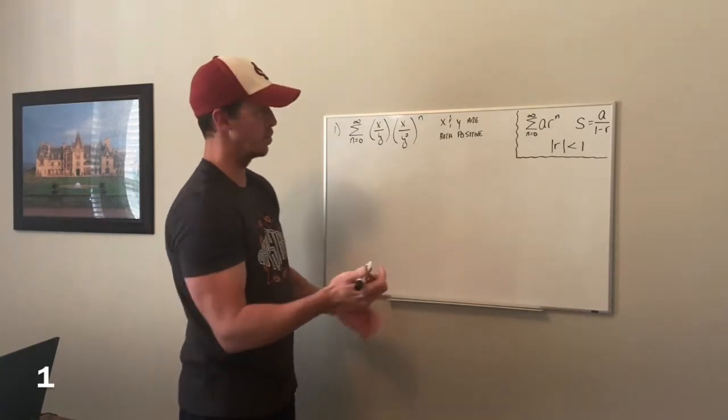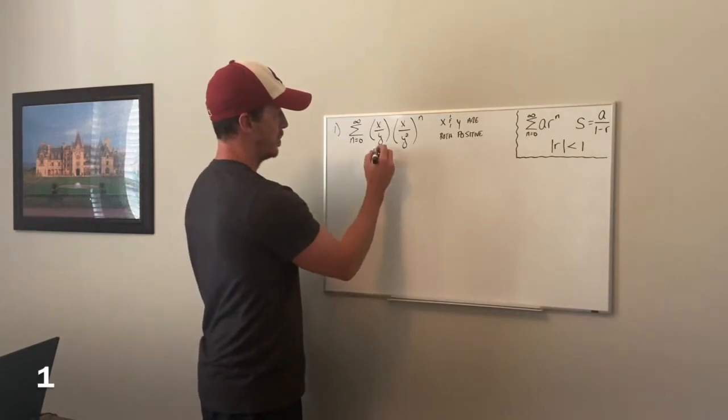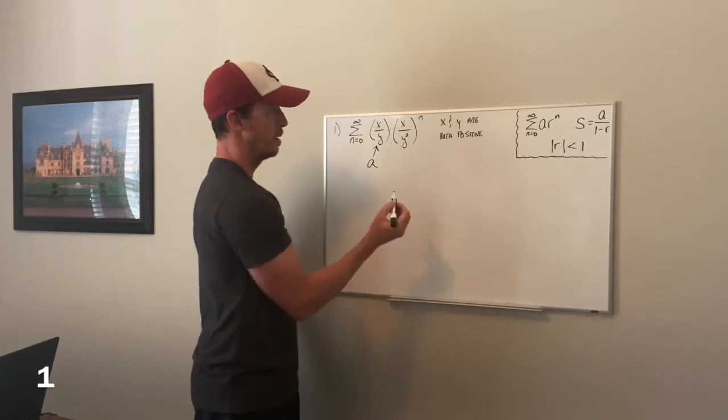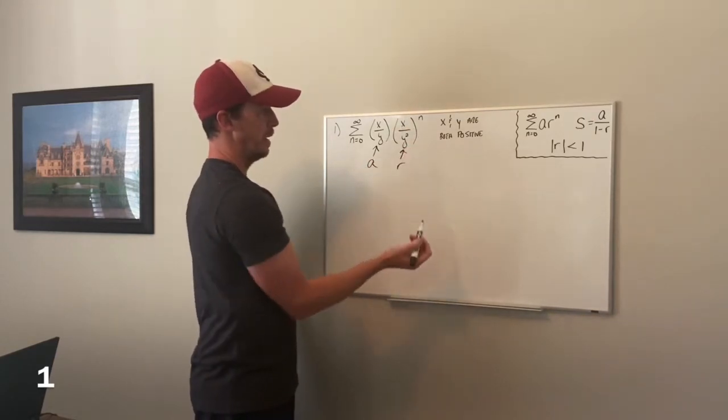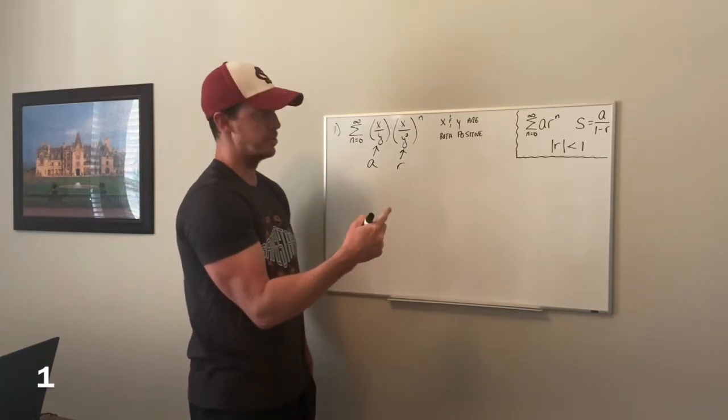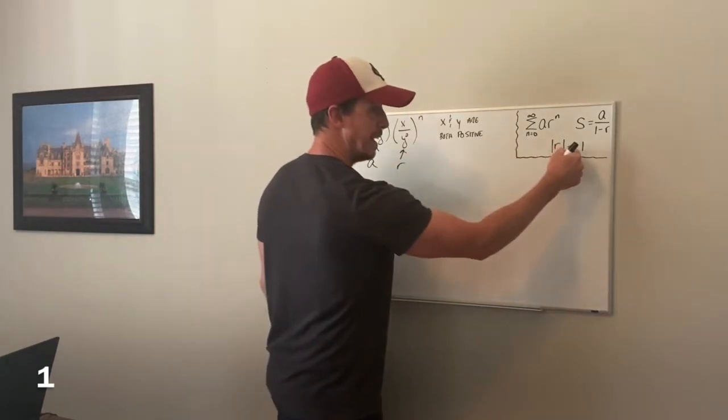That just means that nothing too weird is happening. This right here is our A, and this would be our R. And in order for a geometric series to converge, that has to be true.